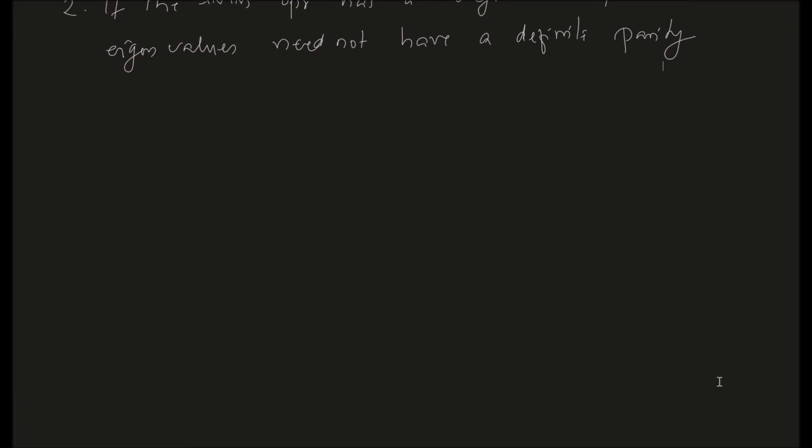And now let's see what is the parity of position and momentum operator. To see the parity of the position and momentum operators, let's see what happens when the parity operator acts in position space.